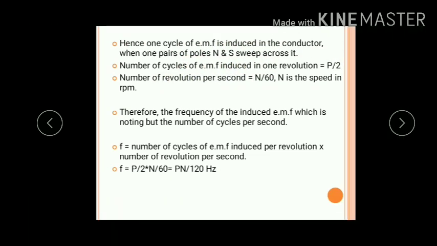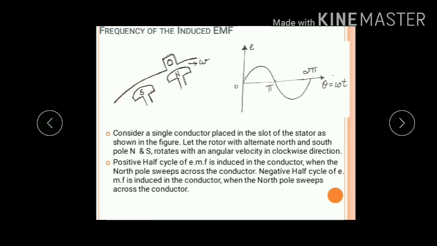So the answer would be PN by 120 Hertz, where P represents the poles and N represents the speed of the rotor in RPM. This part is very important to understand the next topic, that is the derivation of EMF equation of alternator. So please go through this video and try to understand.